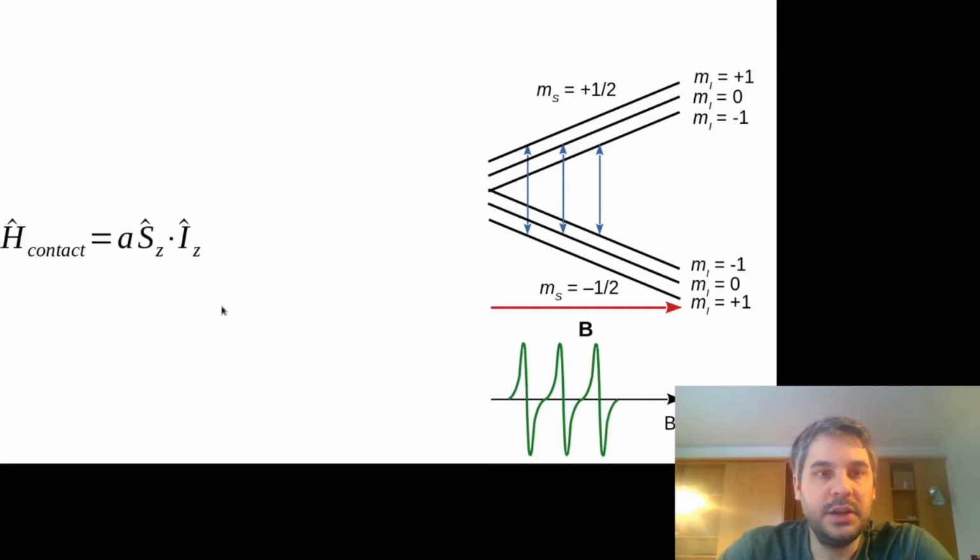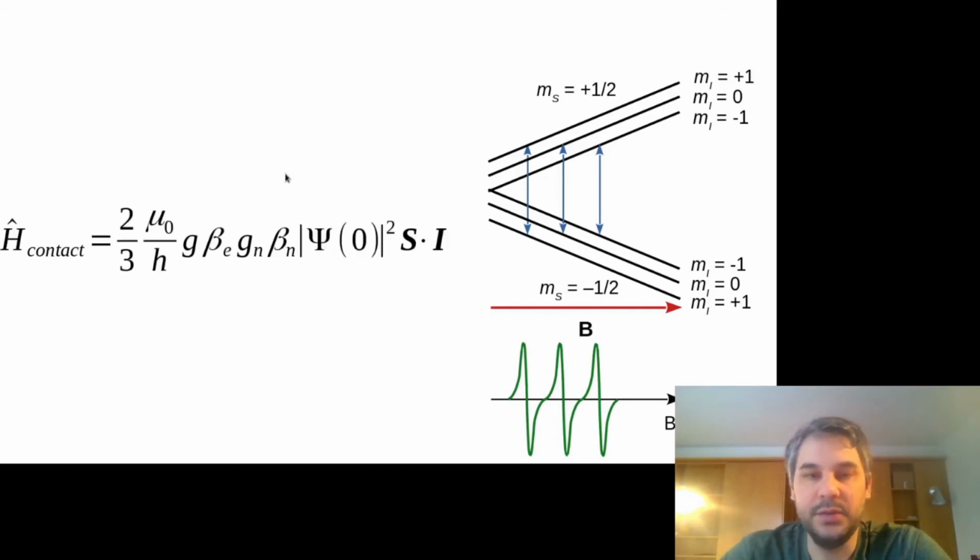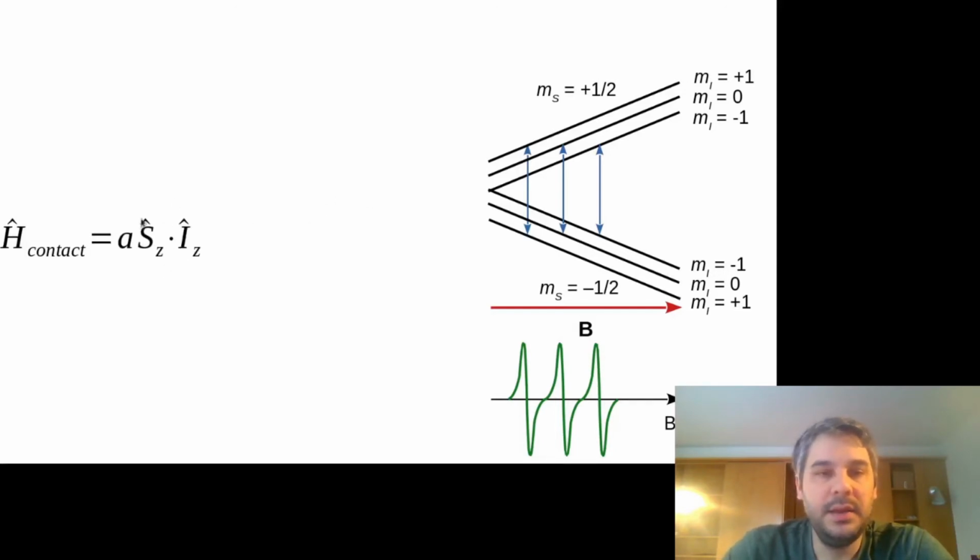And the contact interaction, we can simplify it in this term to be a term A, which is basically an empirical constant that contains all previous values. It contains all these different values like the g factors of the electron and nucleus and the spin density on the nucleus. And the S·I scalar product, we can replace it in the isotropic case with only the Z projections.